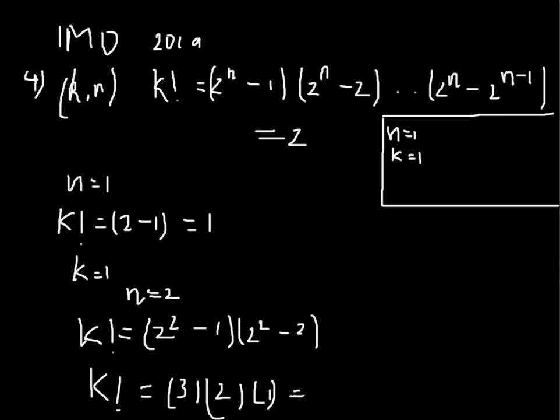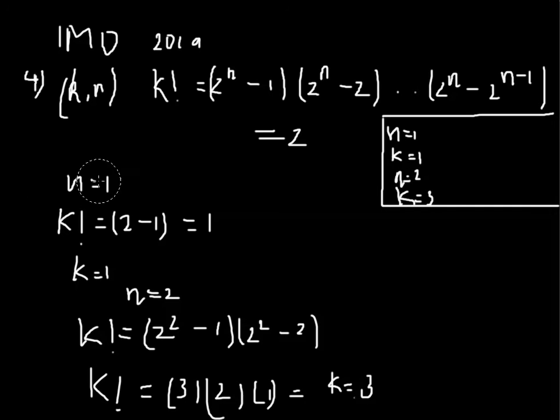So this is in the form of a factorial, so k equals 3. Now when n equals 2, k equals 3.